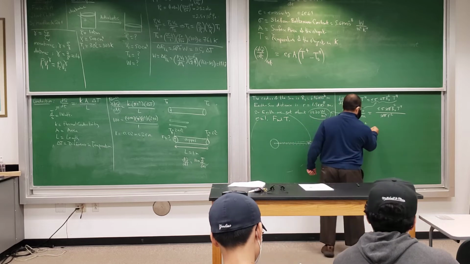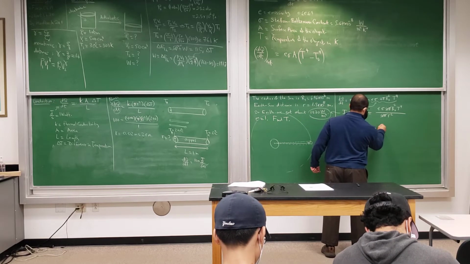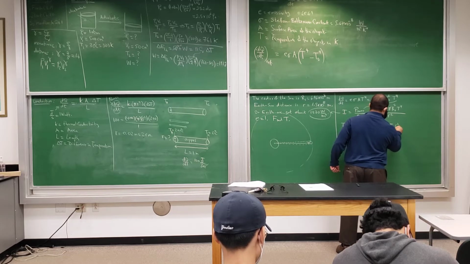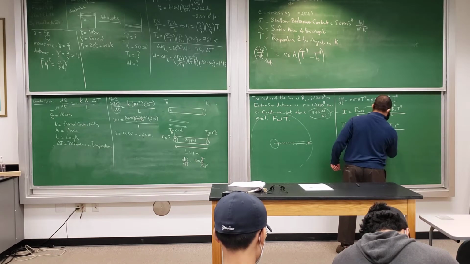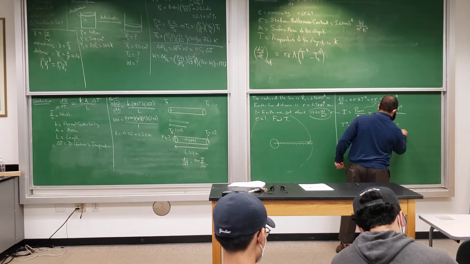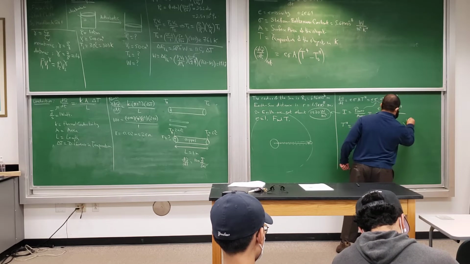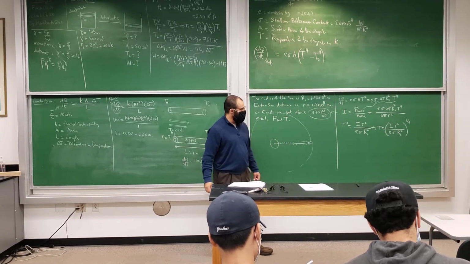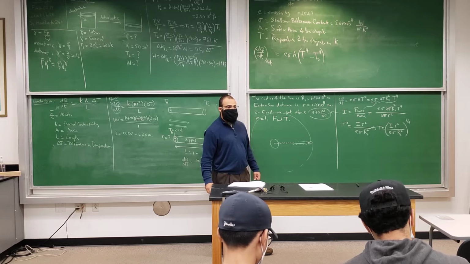And so the temperature would be I R squared over E sigma R_S squared, the whole thing to the 1/4 power, the 4th root. And now plug in the numbers.